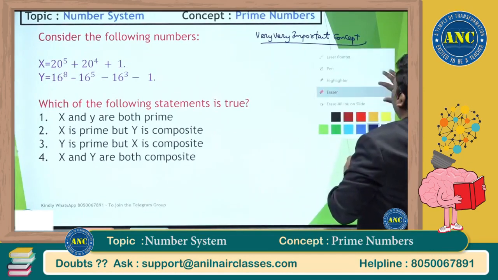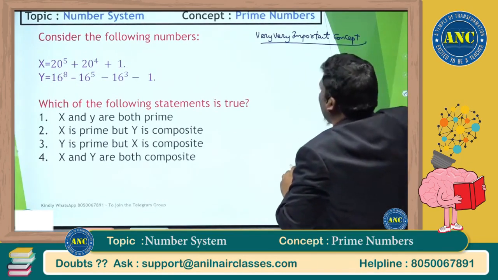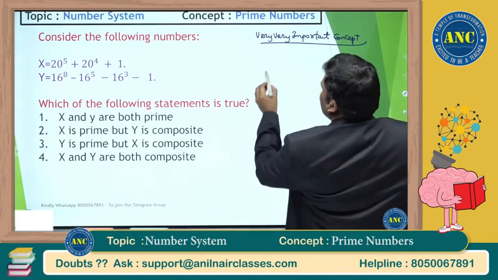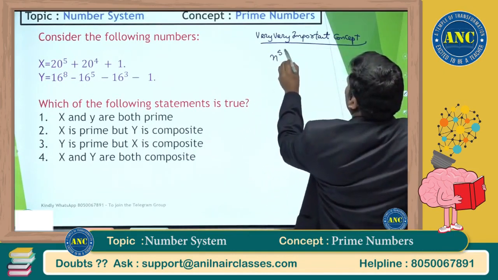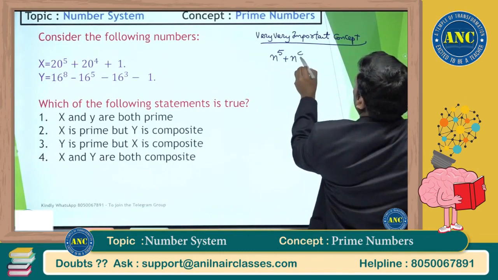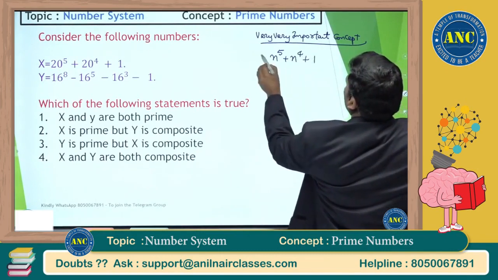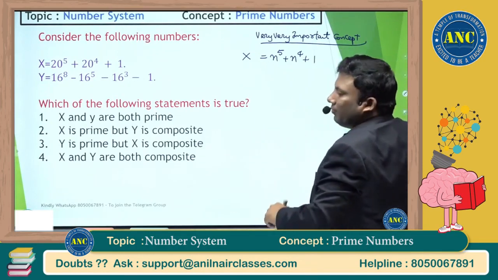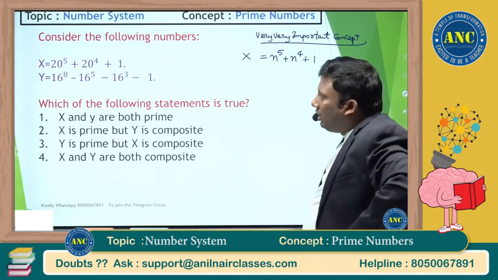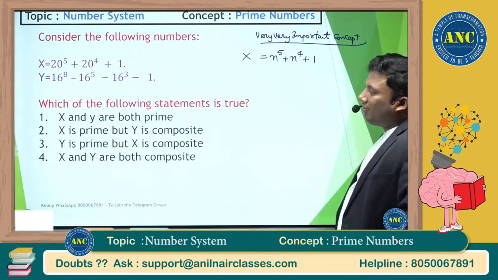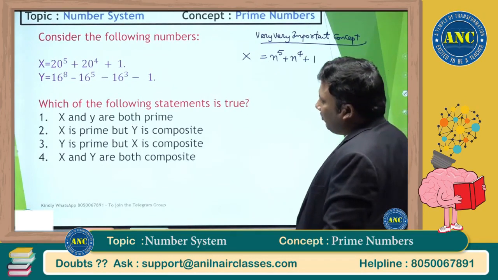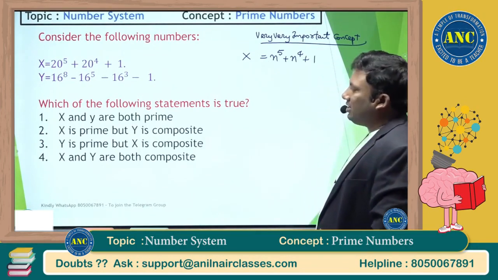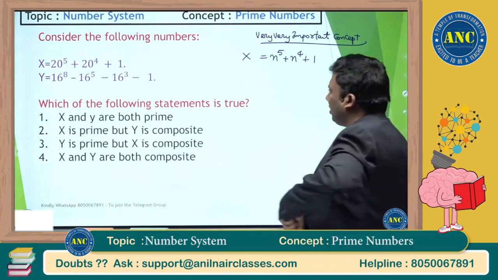This question and the previous question: X equivalent to n power 5 plus n power 4 plus 1. Not only n value 20, be it any value. We have to check whether this number is a prime number or a composite number.